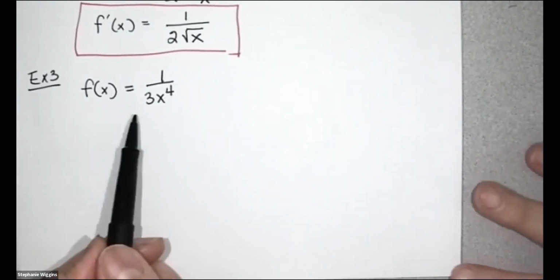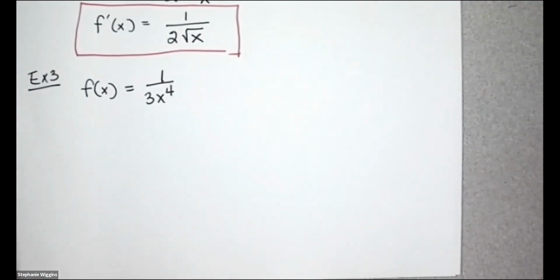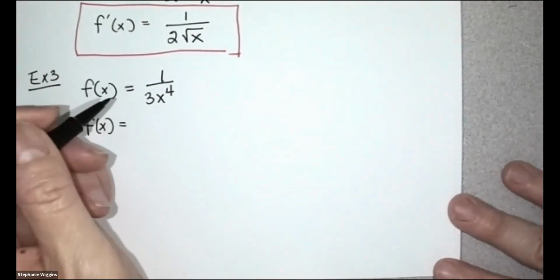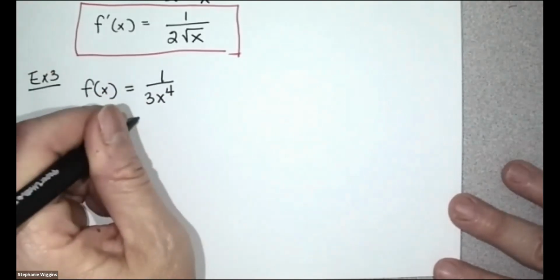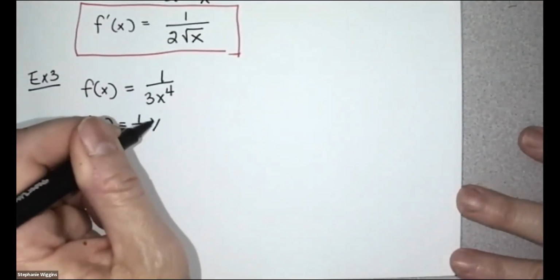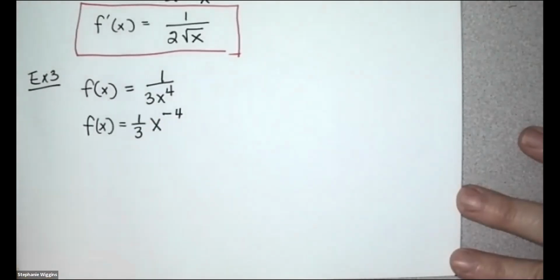So this is the correct form, but for purposes of finding the derivative, you want to change the form to be f of x equals 1/3, that's the constant out front there. And because x to the 4th is in the denominator, this is going to be written as x to the -4.